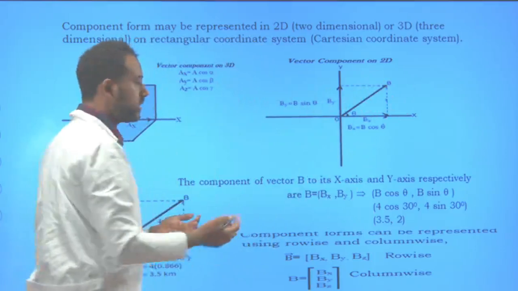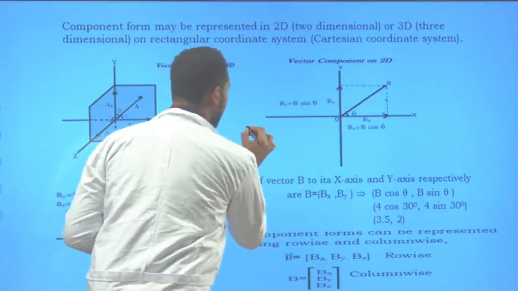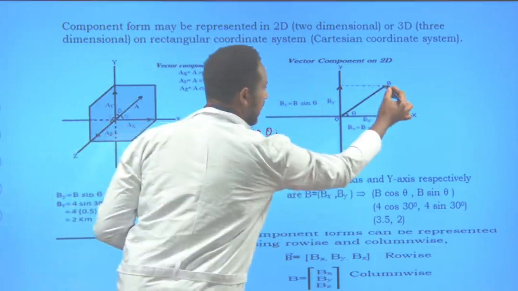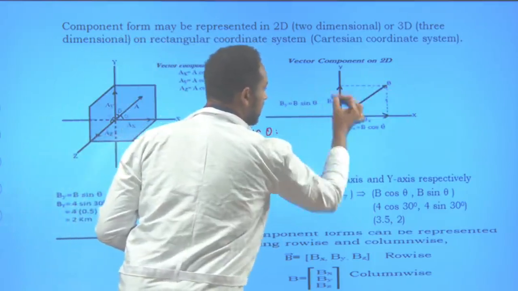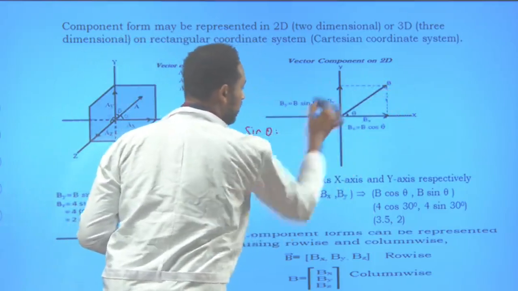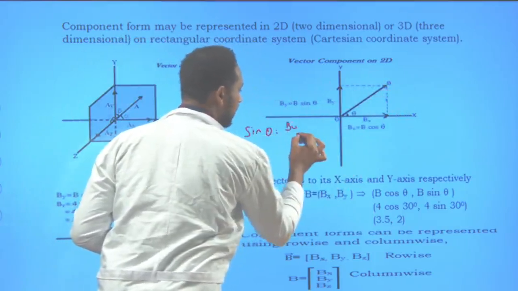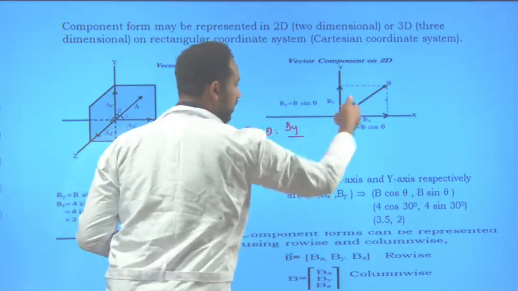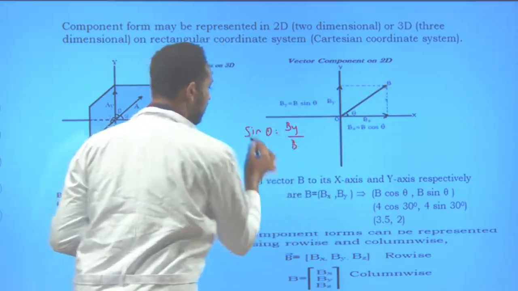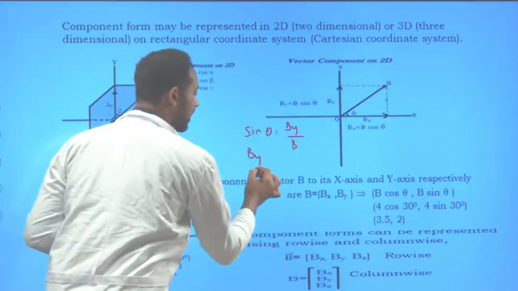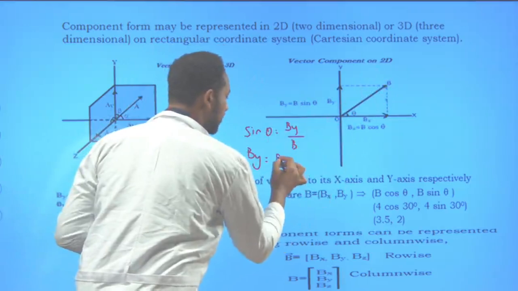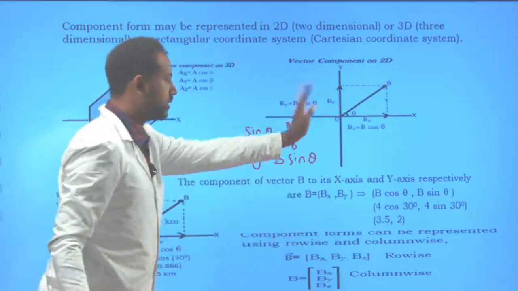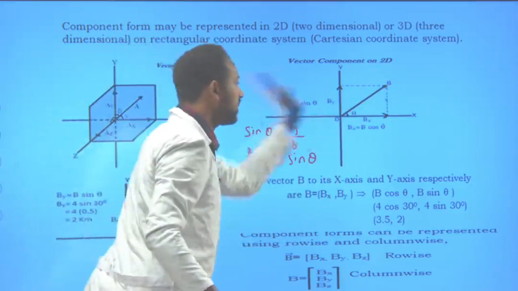From your mathematics lesson in trigonometry, you know that sine theta means opposite over hypotenuse. The opposite is the component of this vector along the y-axis, so it is the component of vector B along y over the hypotenuse. The hypotenuse is vector B. Therefore, the component of vector B along y is the magnitude of vector B times sine theta. This is how we split this vector.